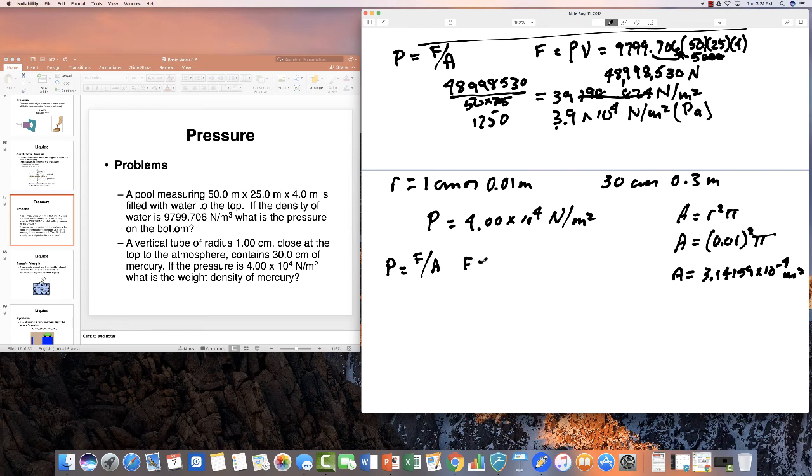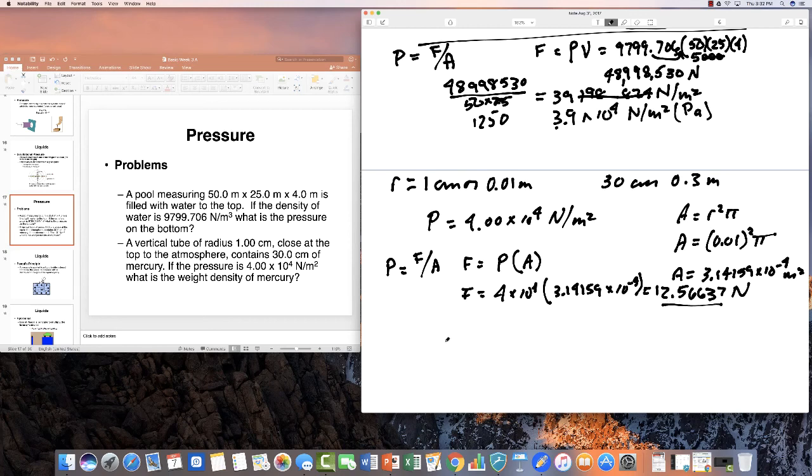So force is going to be pressure times area. So force is going to be 4 times 10 to the 4th times 3.14159 times 10 to the minus 4. So the force here is going to be 12.5637 newtons. So that's the force on the bottom.